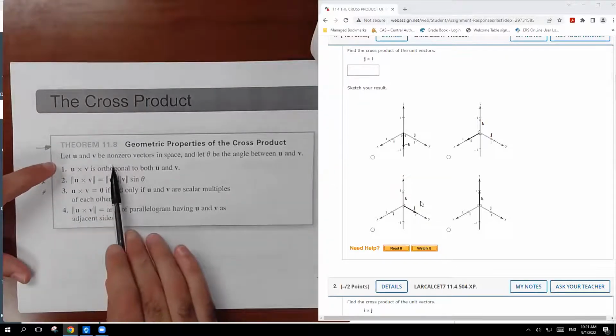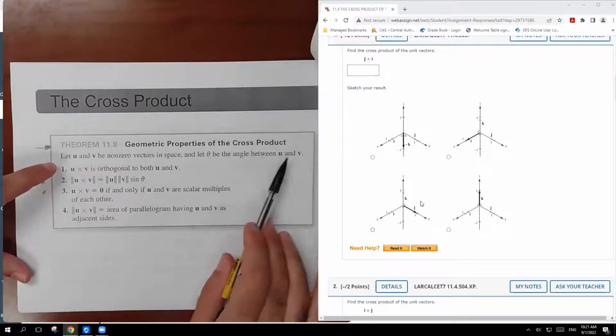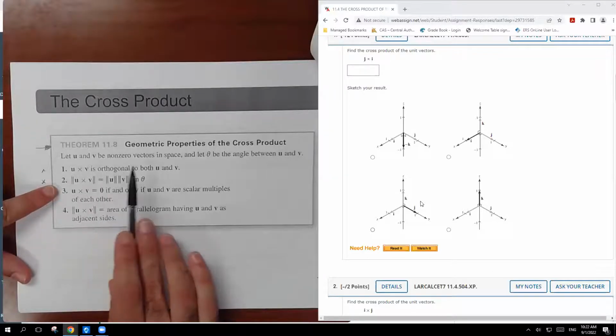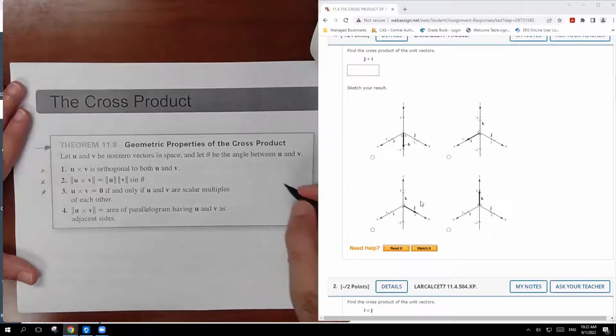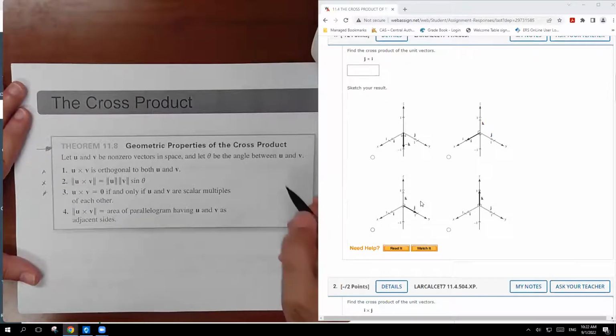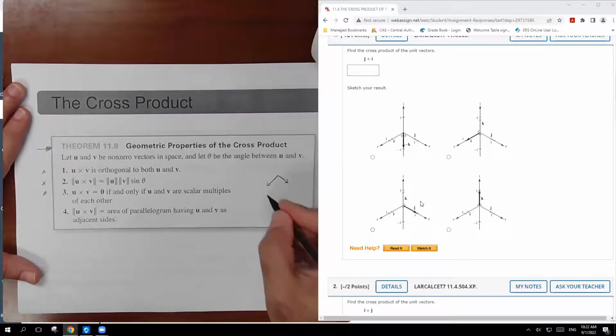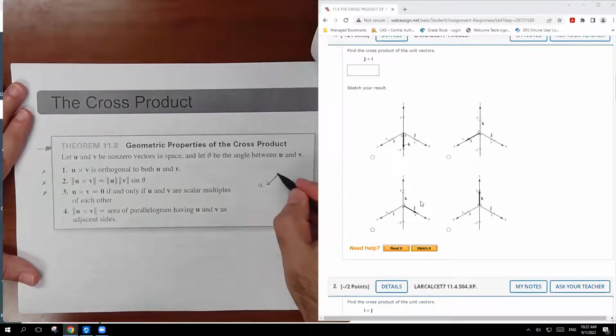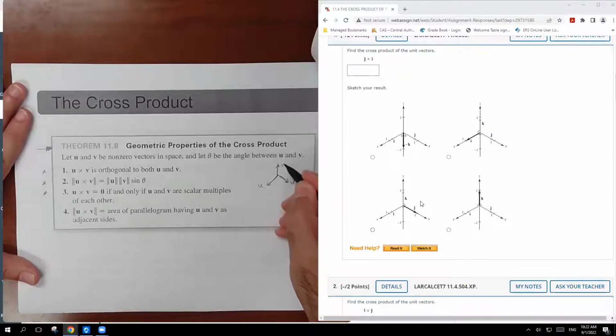Take U and V, two non-zero vectors, and theta is the angle between U and V. U cross V, the cross product between U and V, is always orthogonal to U and V. For example, if you have two vectors, let's say this is U and this is V, the cross product between U and V is another vector, always orthogonal to these two vectors.